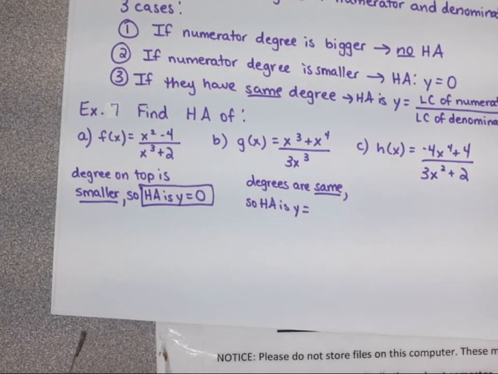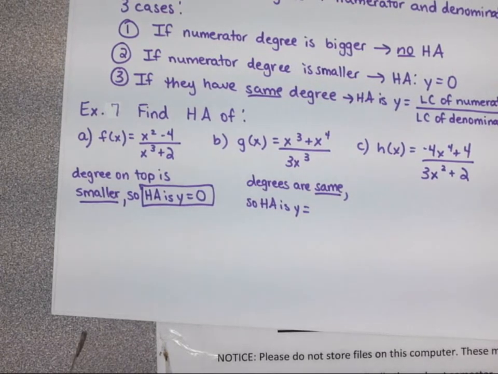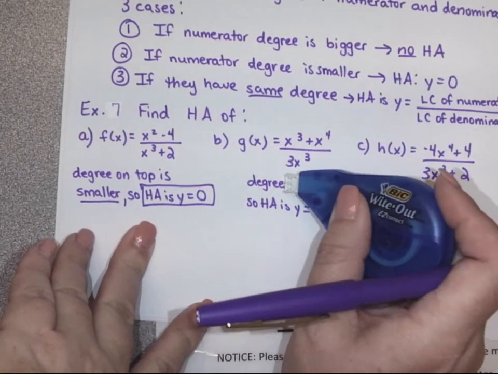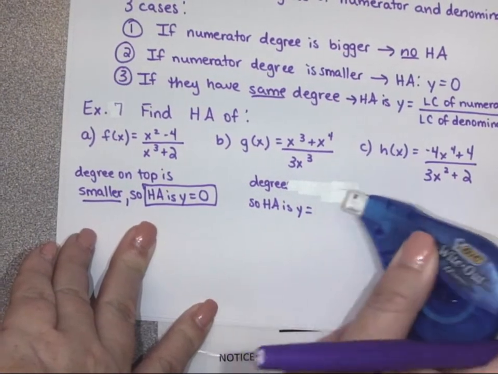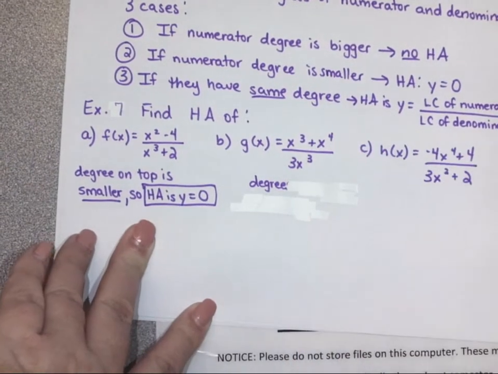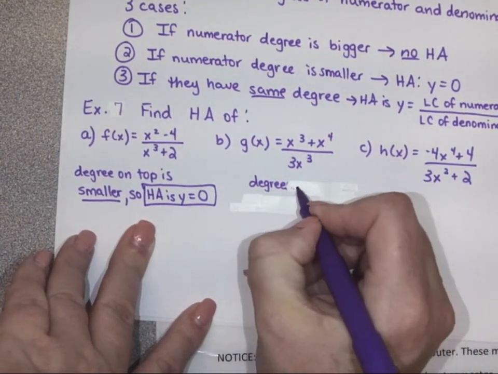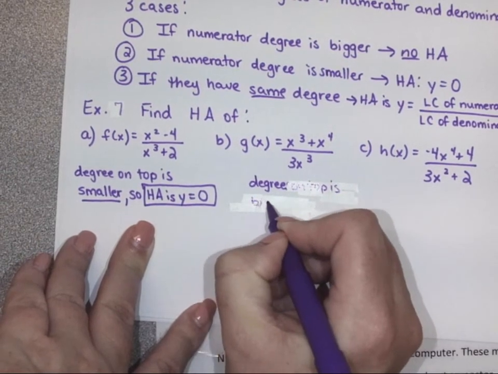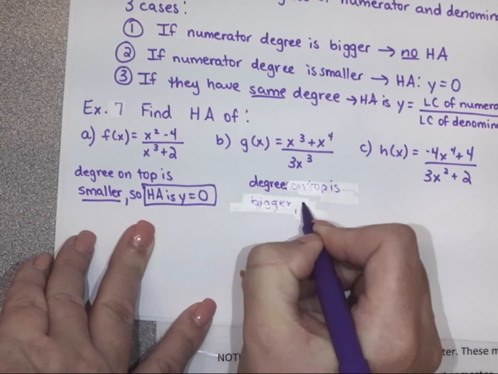I paid attention to only the first term, which was a mistake on my part. So what is true instead? Yeah, the numerator's bigger, so watch out for that. I even fell for my own trick there, honestly. So actually the degree on top is bigger. So what does that mean then?